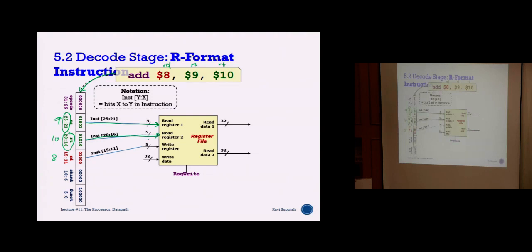And I know I need to write back to a register which is register 8, which is RD, and that is in bits 15 to 11. So with these 5 bits, 5 bits, 5 bits, directly from my instruction, I can map it to my hardware. So I know which are the two registers to read from and which is the register to write to.